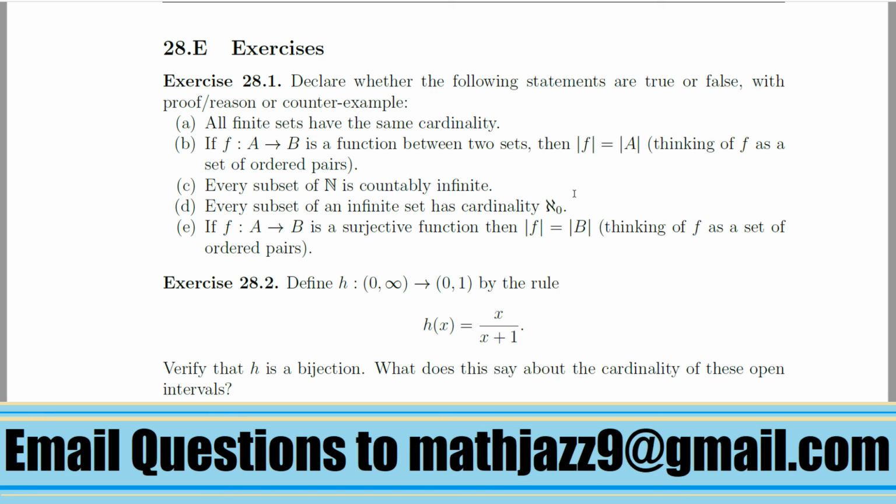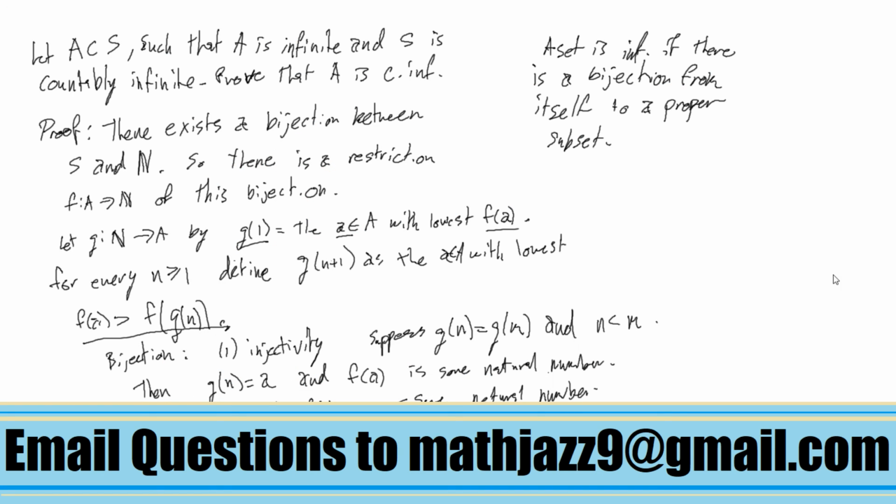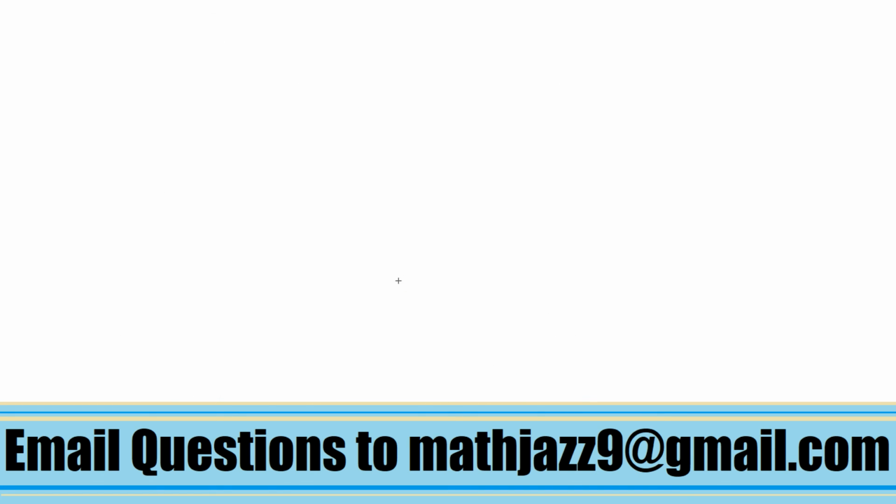So the bijection here is going to be something that looks kind of like this. We define g from f to A by g of (a, f of a) equals a.